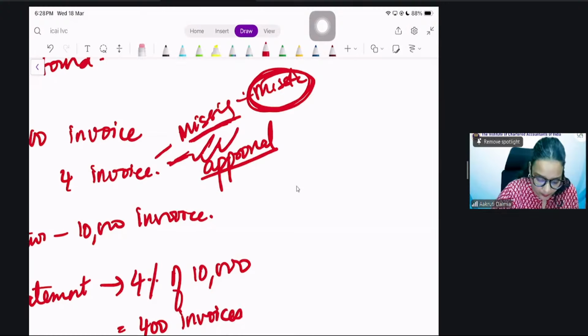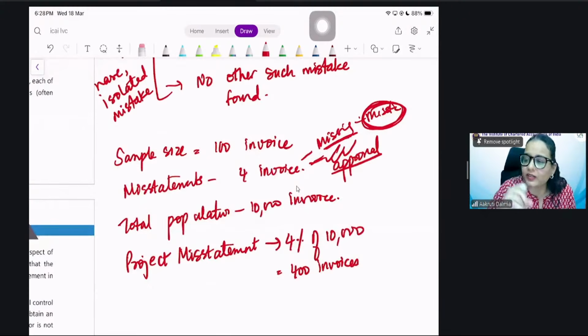Everyone clear? Okay. So these are just examples. Does it mean 4% is material, not material? Did anything I write for you mean you have to copy paste in real life? No. This is just an example.